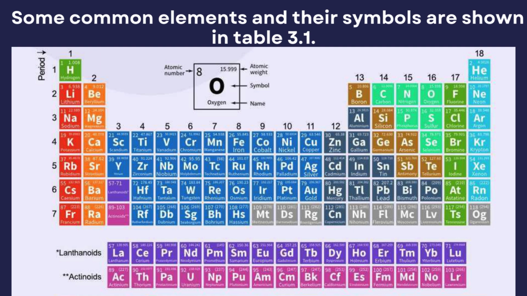Hydrogen, H; helium, He; lithium, Li; beryllium, Be; boron, B; carbon, C; nitrogen, N; oxygen, O; fluorine, F; neon, Ne; sodium, Na; magnesium, Mg; aluminium, Al; silicon, Si; phosphorus, P; sulfur, S; chlorine, Cl; potassium, K; calcium, Ca; iron, Fe; copper, Cu; silver, Ag; gold, Au; mercury, Hg; lead, Pb; uranium, U. Table 3.1. Some common elements and their symbols.